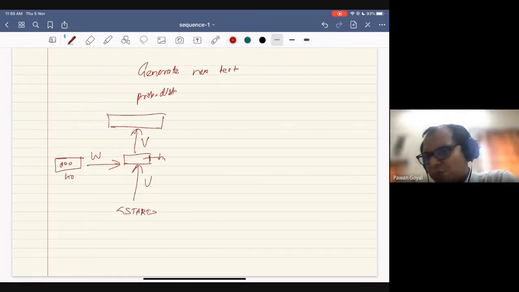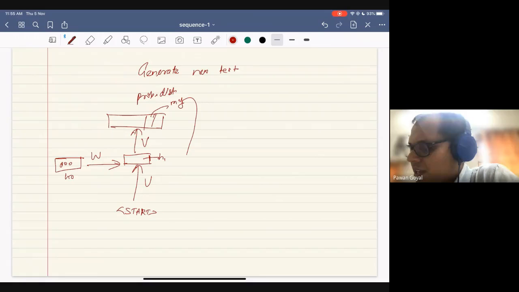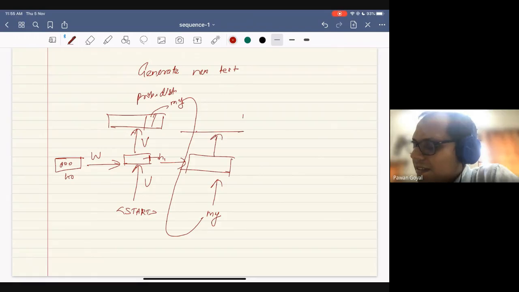And from this distribution, I can select the word that has the highest probability, say "my". Then you feed your output as the next input, and keep on doing that. Find the max probability word, say "favorite" or something.